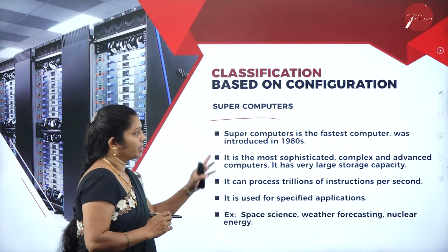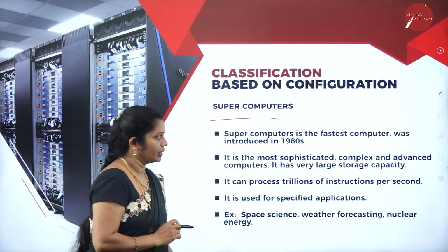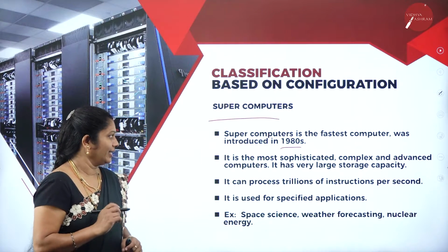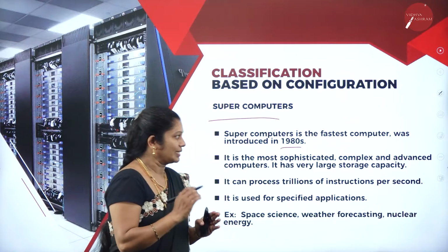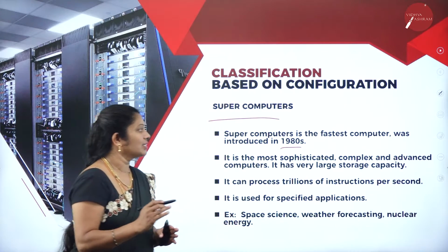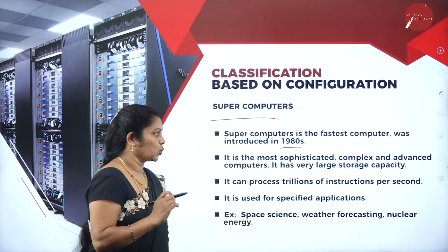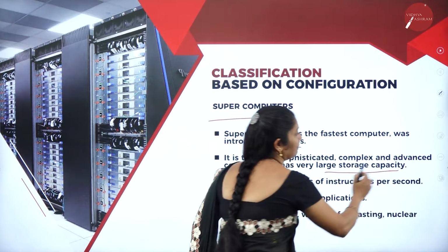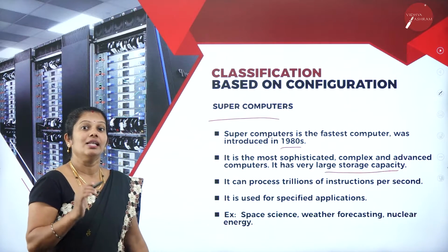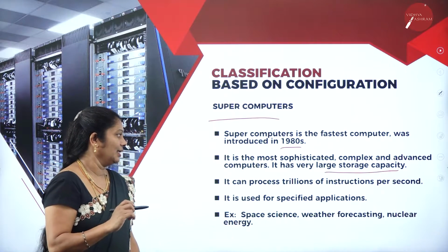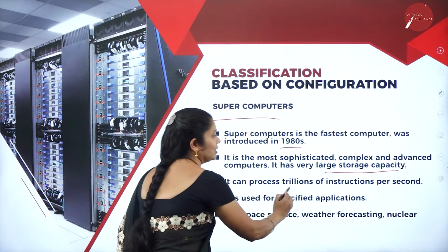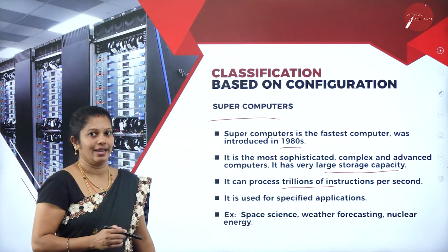Supercomputer is the fastest computer, introduced in the 1980s. It is the most sophisticated, complex, advanced computer. It has large storage capacity. It can process trillions of instructions per second.